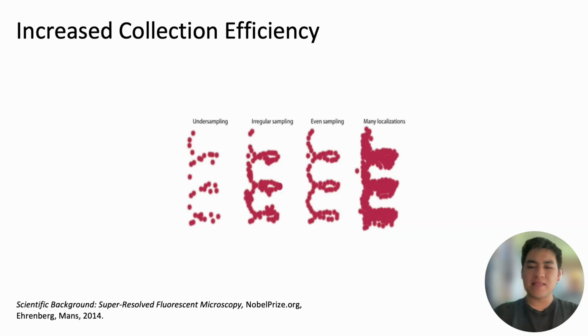Another pro of this process is that it's a relatively quick process. And having a quicker process means that we will avoid bleaching, and then we can also get more data points from the same set of data than we would with other methods. As we can see here, a regular sampling will get a good amount of data.